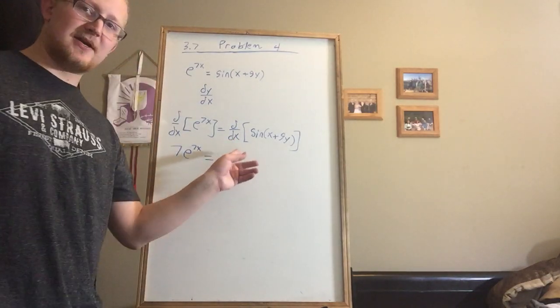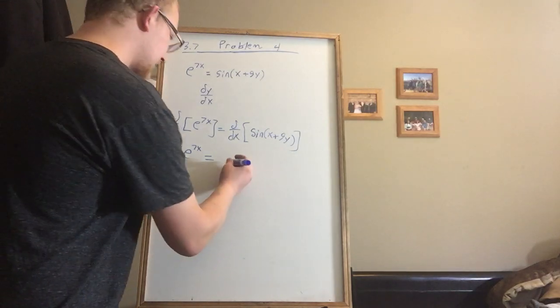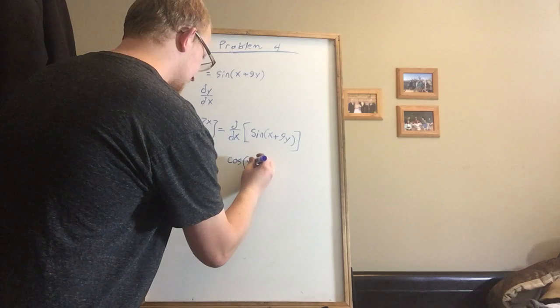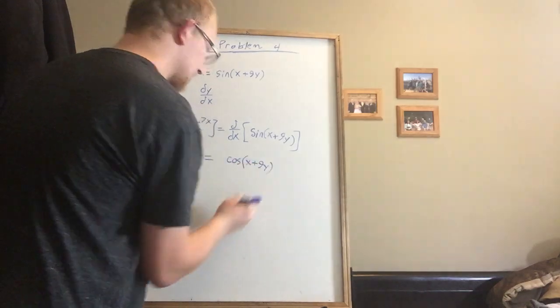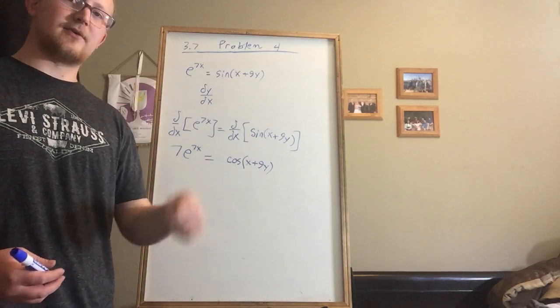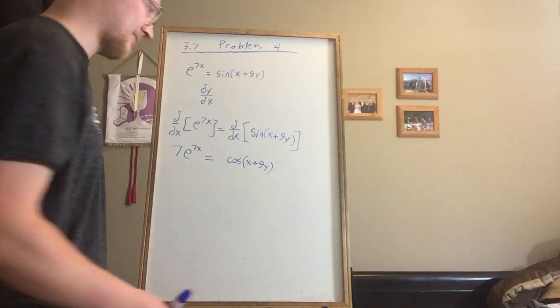The derivative with respect to x of sine of some variable, so we're taking the derivative of the outer function, would be cosine of that same thing. So, like the chain rule states, we're taking the derivative of the outer function without taking the derivative of the inner function. But now we're going to multiply on the derivative of the inner function.